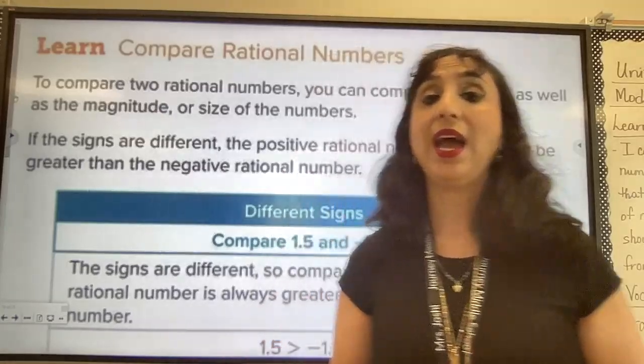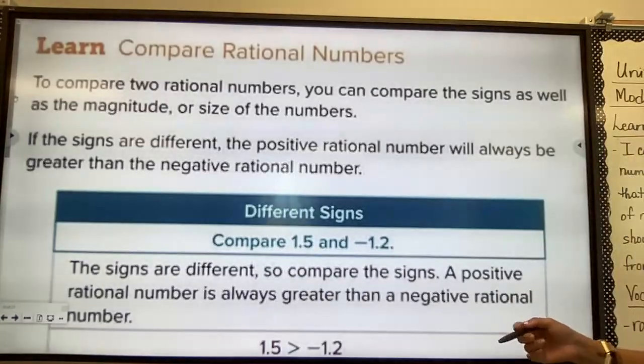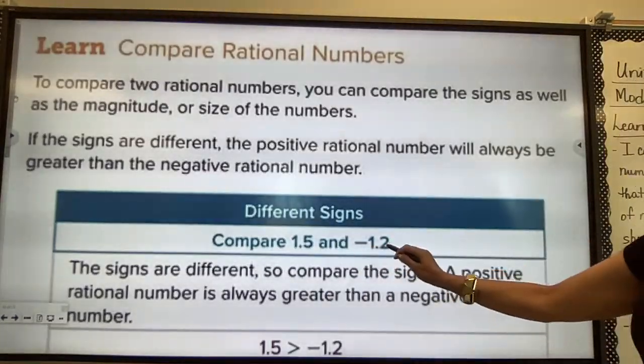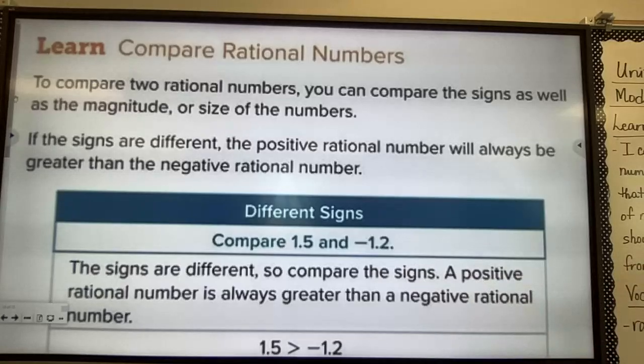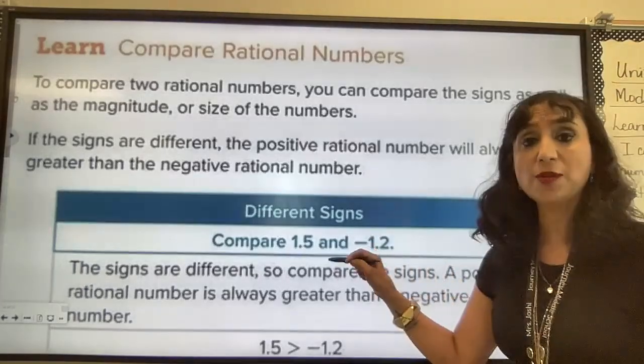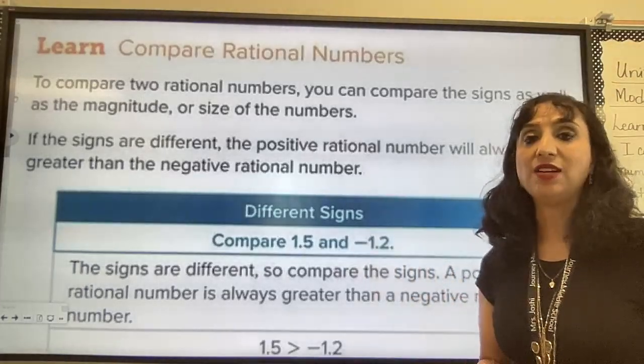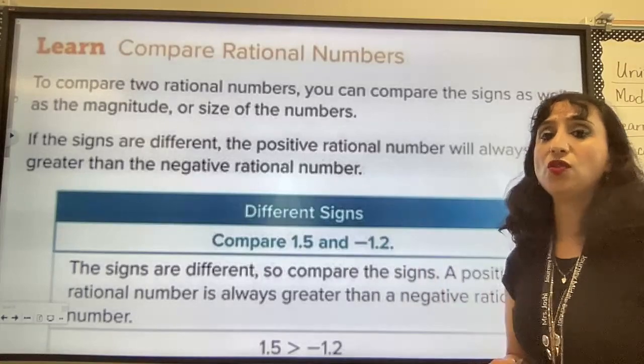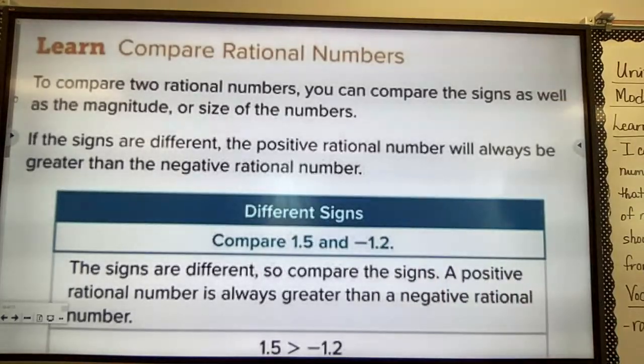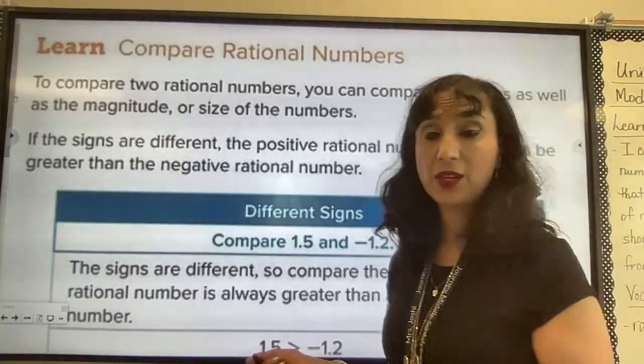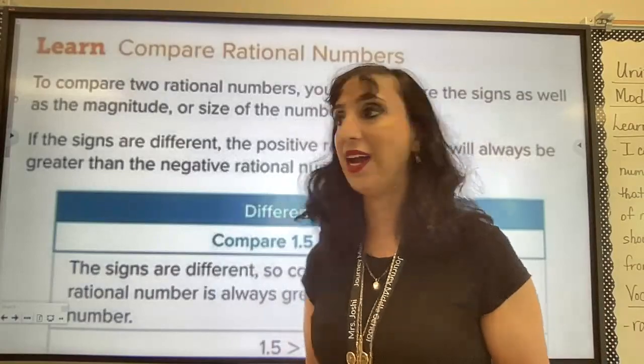For example, if I have 1 and 5/10 and negative 1 and 2/10, are the signs the same or not? One is negative, one is positive. So of course they are different signs. And so a positive rational number will always be greater than a negative rational number.